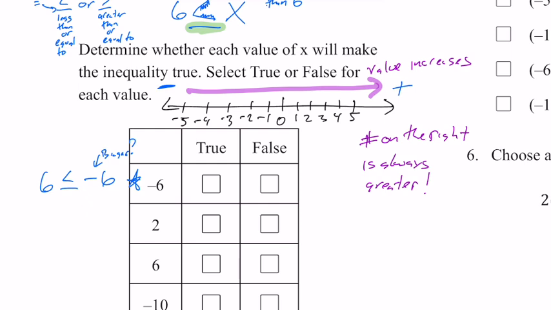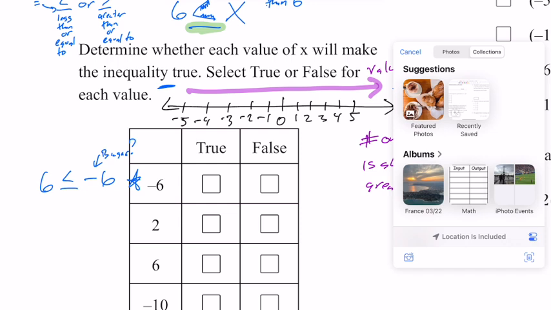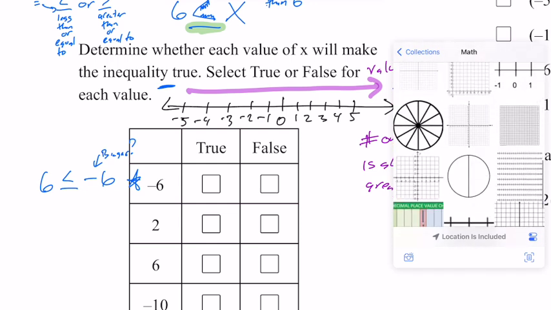No. Because one of them... let me see if I can do it here. Where is it? Oh, there's my picture. Let's go to collections, let's go to math. And please tell me I have a number line.